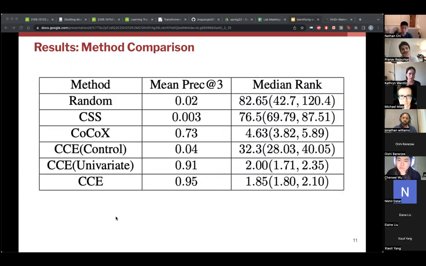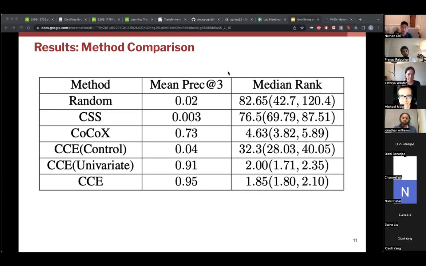And then this chart is summarizing these results and also comparing them across some different algorithms, most notably COCO-X, which is probably the most similar in that it uses fault lines, I believe it was called, to do this disambiguation. So the mean precision 3 is trying to see if the correct spurious concept shows up in the top 3.